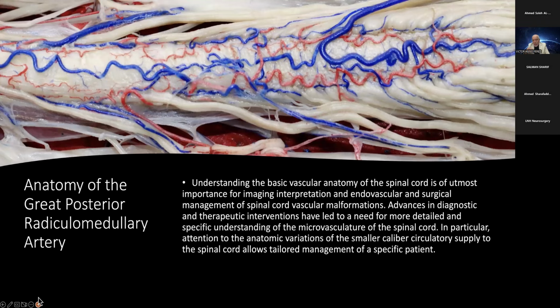This artery is really a special feature, because the knowledge of this artery is not common, is not well referred in some texts or articles, and understanding the basic vascular anatomy of the spinal cord is very important for imaging interpretation and endovascular and surgical management of spinal cord vascular malformations.